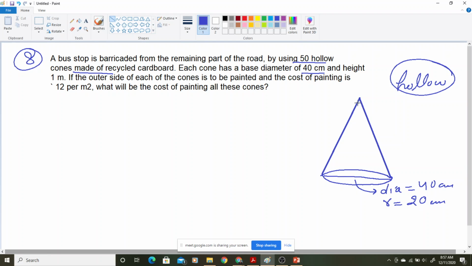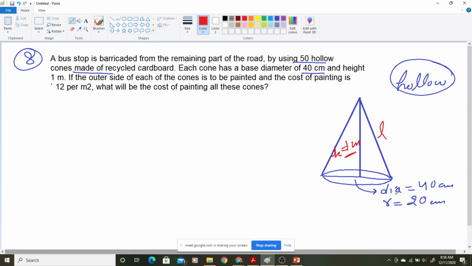That means this one. Again the slant height is not given, but height is given. So I will be taking this one only. This height is given as 1 meter. This is h. Okay. So L we have to find first. पहले तो हम L find out करेंगे. But before finding that L, just see one thing.